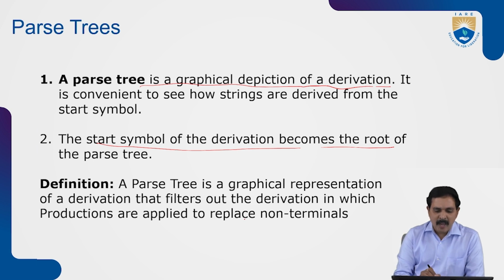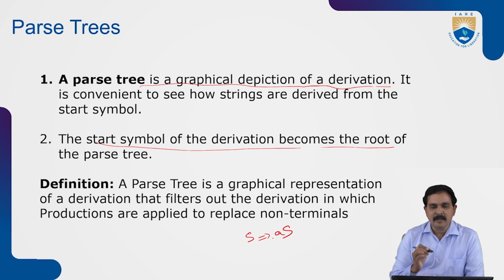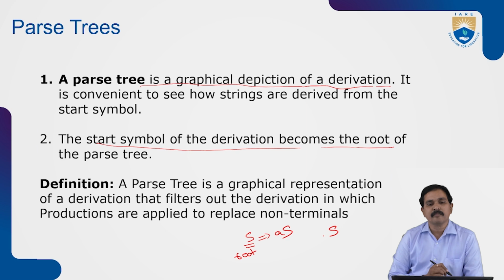For example, I am taking S implies A and S. Here the starting symbol is S. It becomes the root node. And with some other intermediate or leaf nodes, maybe S. So in this way, we can present a parse tree for the derivation of S implies A and S.